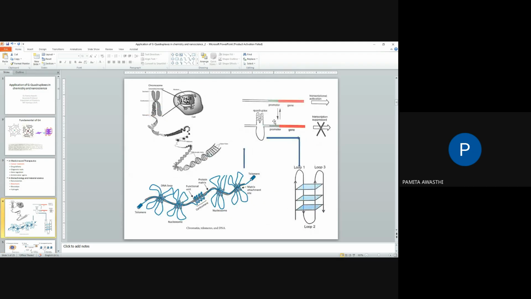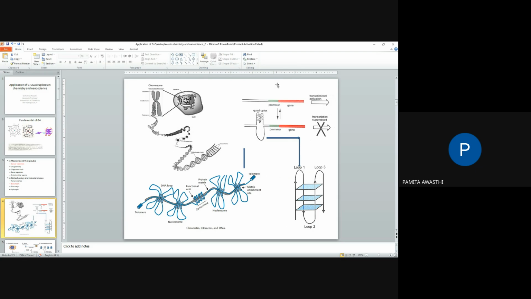So when you have to identify their position, you will expose the cell to specific antibodies. Specific antibodies, what I mean to say, are those which will bind to these quadruplexes only, not to the duplex or to some other segment.